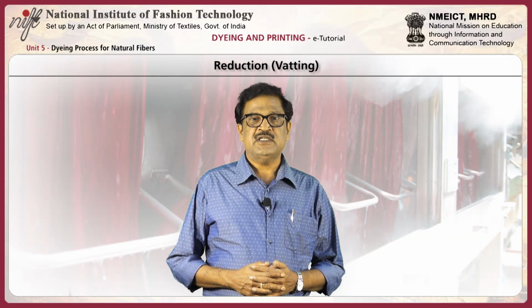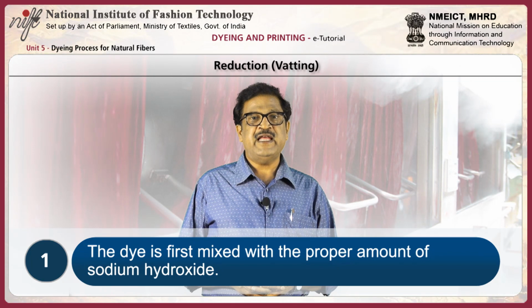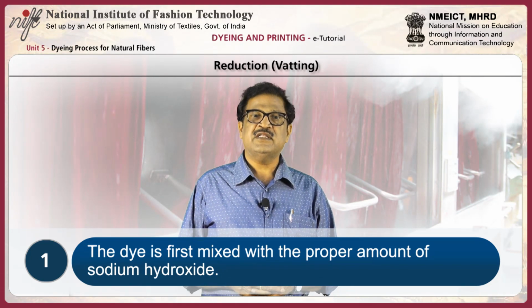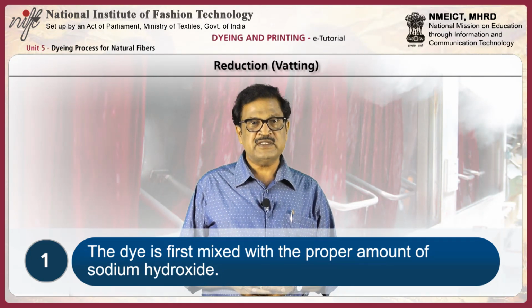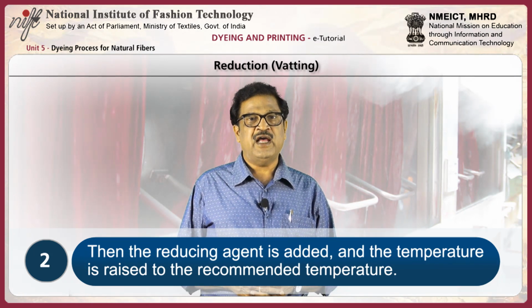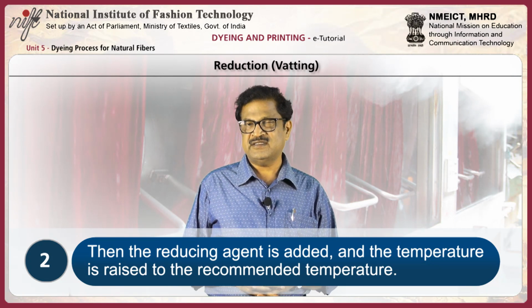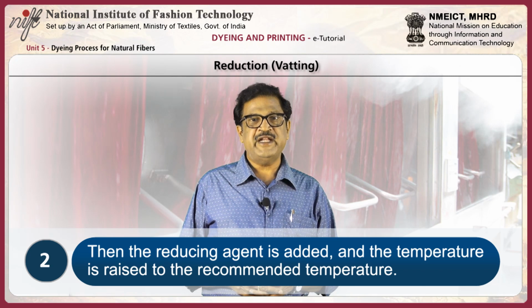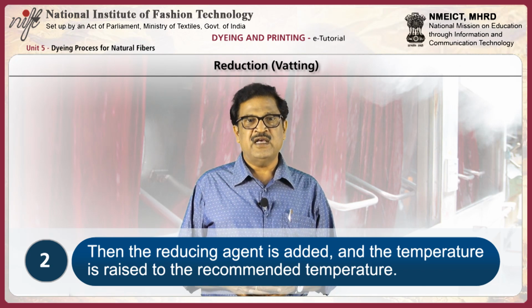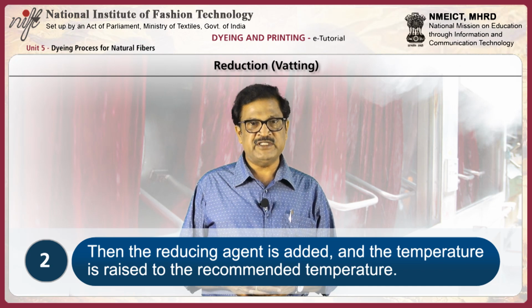At this stage, the vat dye is converted into soluble form. The dye is first mixed with the proper amount of sodium hydroxide, then the reducing agent is added and the temperature is raised to the recommended temperature.